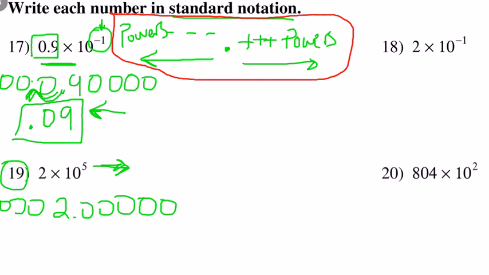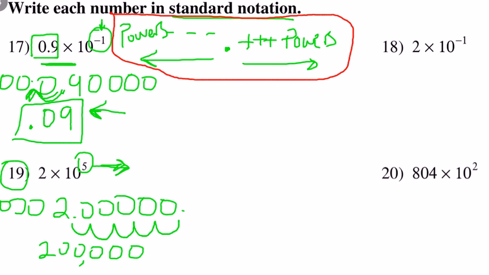So how many jumps, how many hops am I going to move it? I'm going to move it 5 because that's the power of 10 that we're raised to. So 1, 2, 3, 4, all the way over here, 5. So there's my new decimal point. So I've got 1, 2, 3, 4, 5 zeros in here. We could put a comma in there.